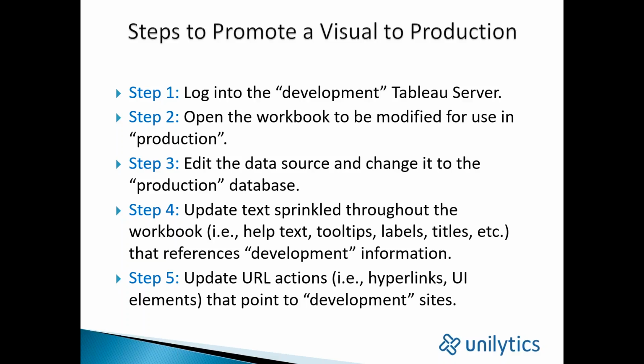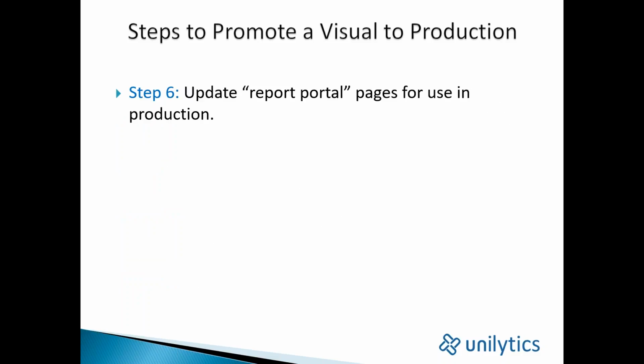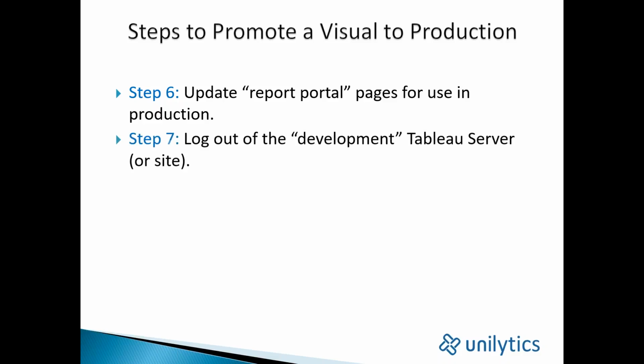Anything that points to the development site has to be updated. So at this point, there are 3 things we've had to update. If you're using a report portal dashboard in your workbook, which I'll show you here in a few minutes, that page has to be updated because it's pointing to all of your development environment pages. Now you need to update that to go to production.